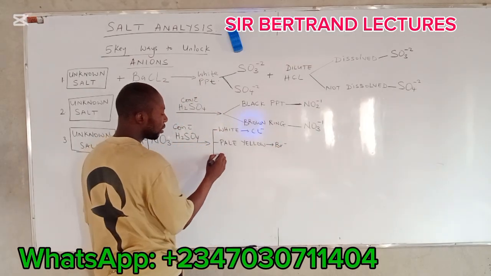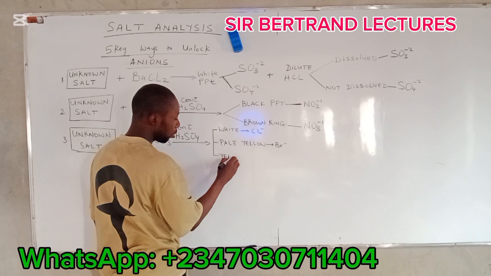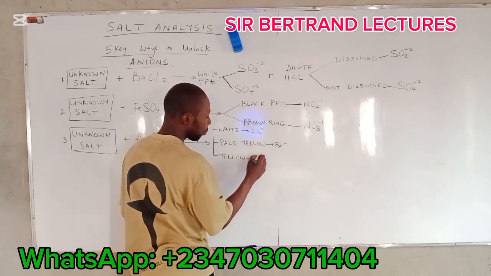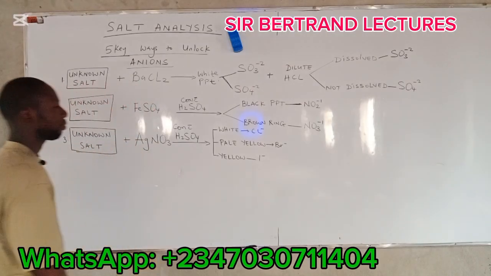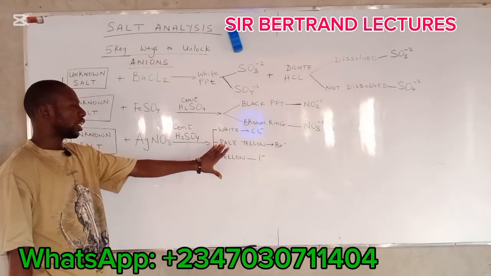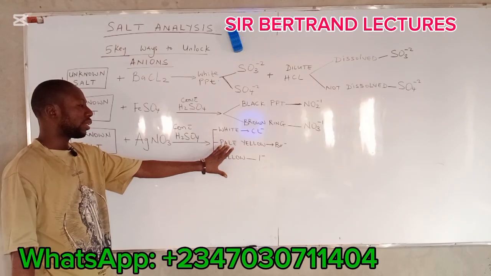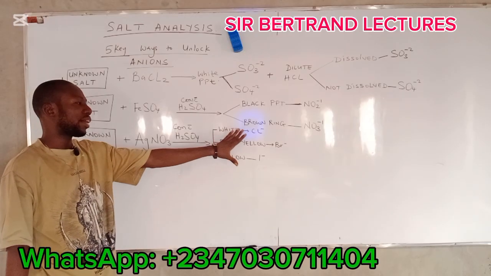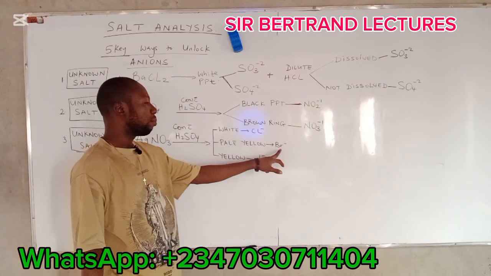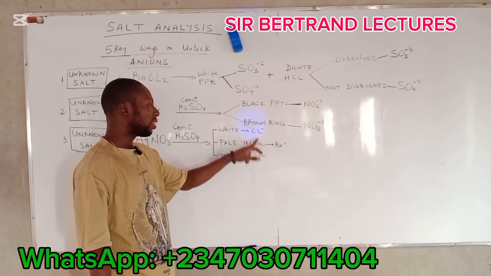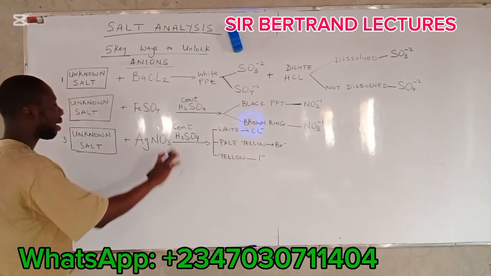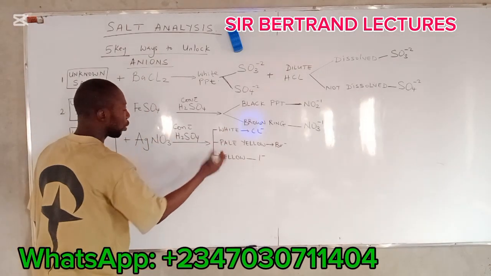Then, if it gives yellow color, that indicates the presence of iodide ion. Do you understand? So these are the color changes that indicate the presence of different ions. Here we have the halide ions: chloride, bromide, iodide. Depending on the color change.